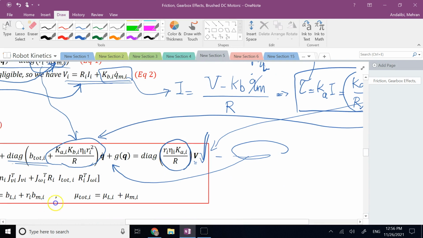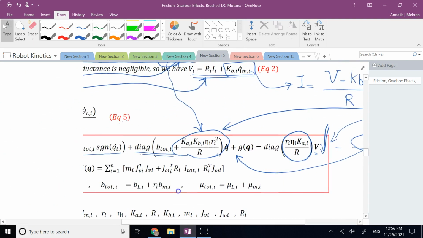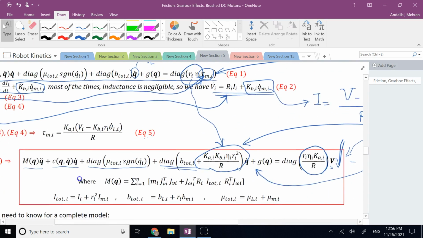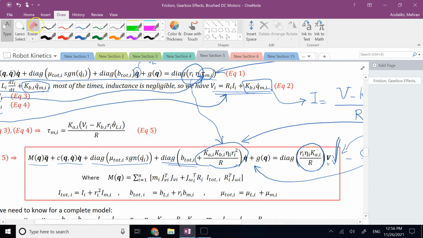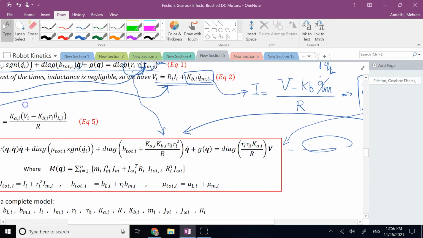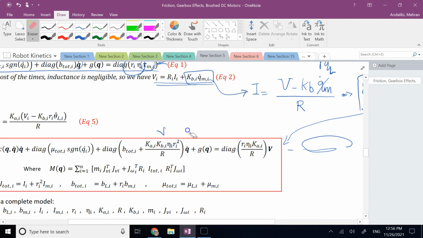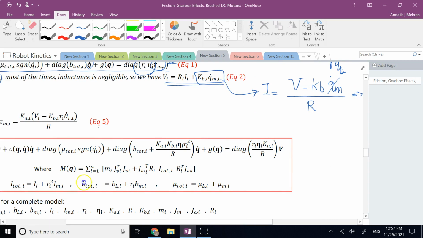Okay, so now if you look at this equation of motion on the top line, what is it? That gives you the equation of motion of the N-link robot, but the inputs to your equations are the voltages that you pass to the motors, not the torques, because the torques are the results of applying voltages.